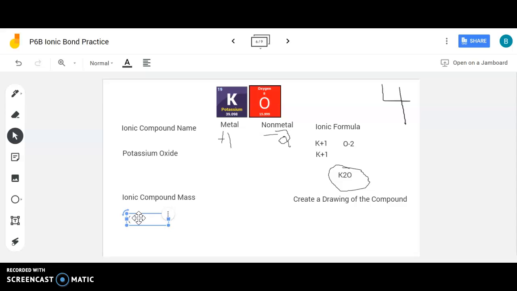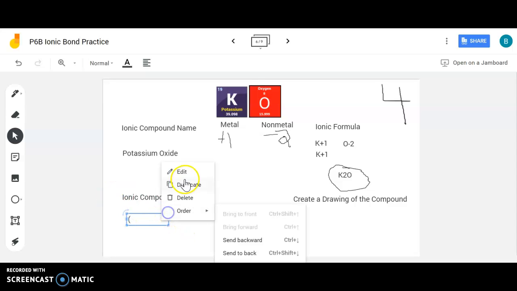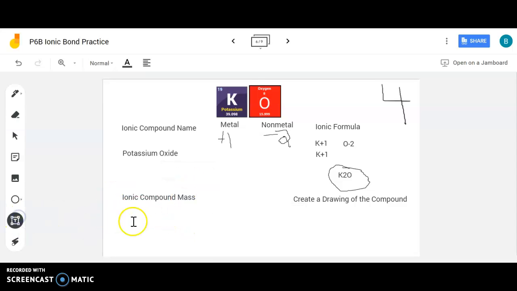We always start with our metal. So 39.10 grams. We're going to add oxygen. So if you round 15.999, that rounds to 16.00 grams.